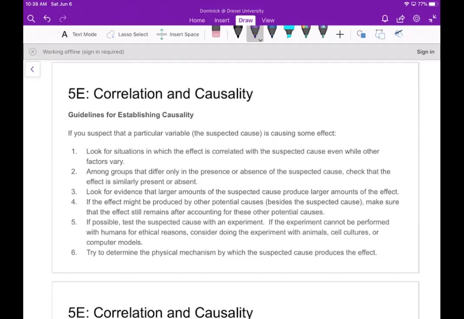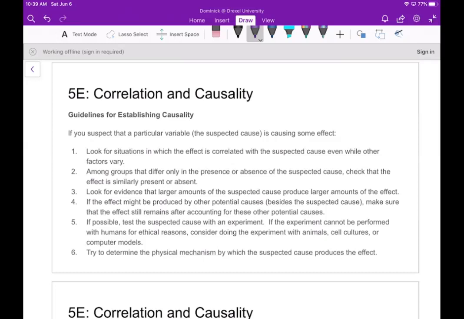So in other circumstances, where both of these variables are still present, do you also see the same sort of correlation? Now, second, among groups that differ only in the presence or absence of the suspected cause, we would check the effect and see if that is similarly present or absent.